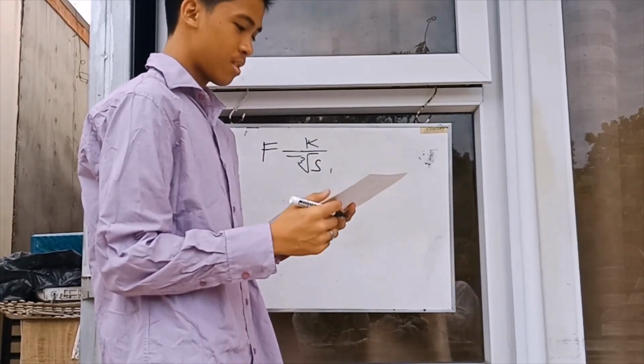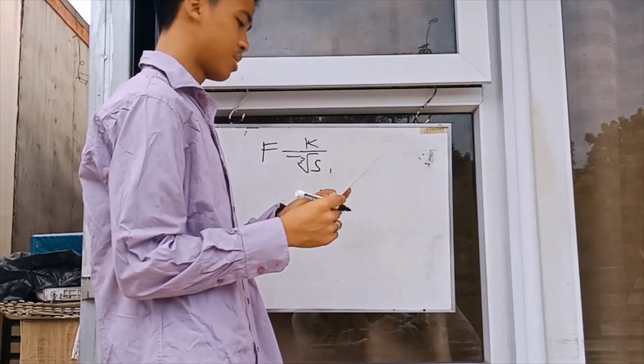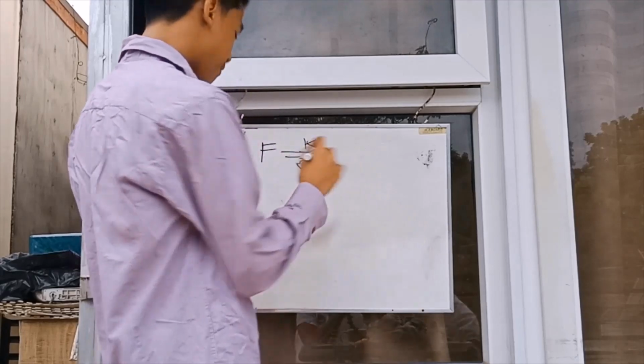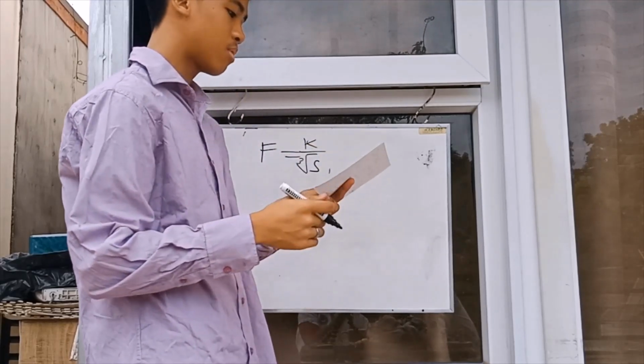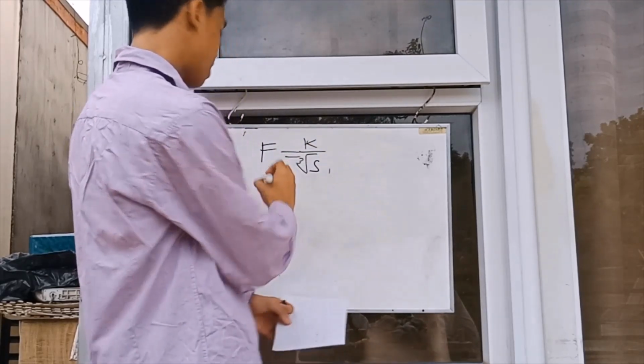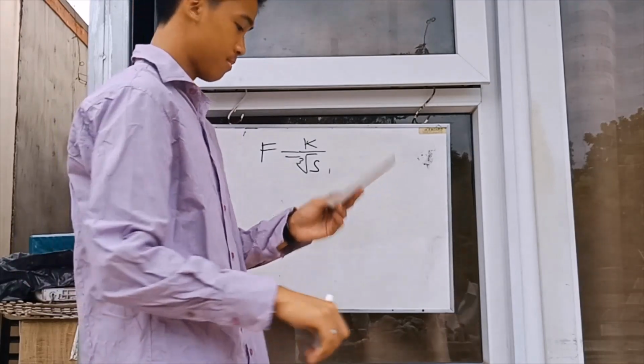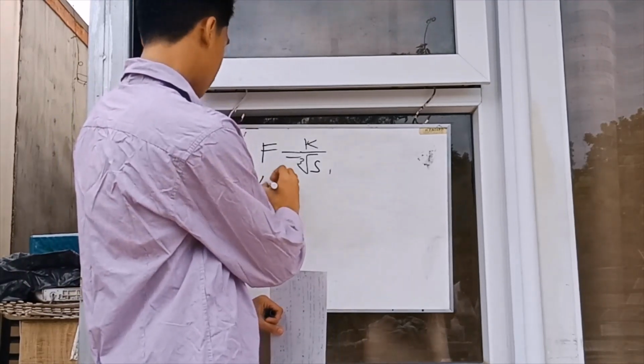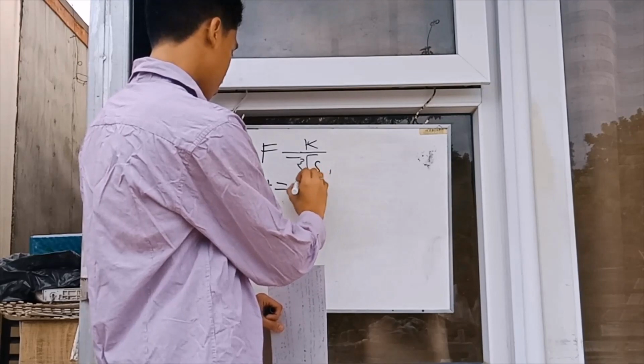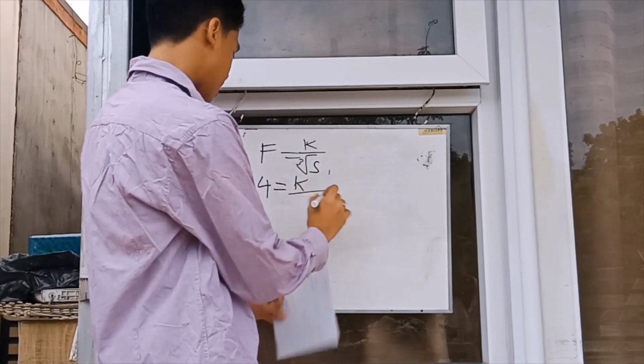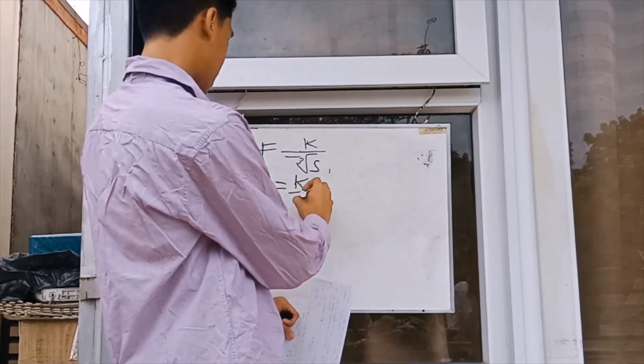The values of the two variables are f is equal to 4 and s is equal to 64. So let's start substituting. f is equal to 4, then s is equal to 64.